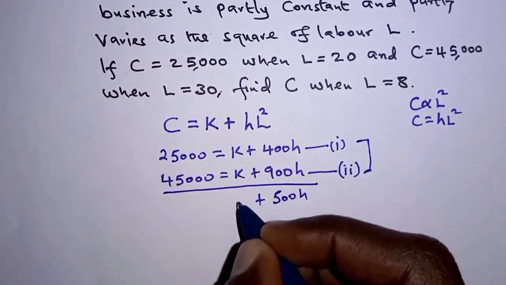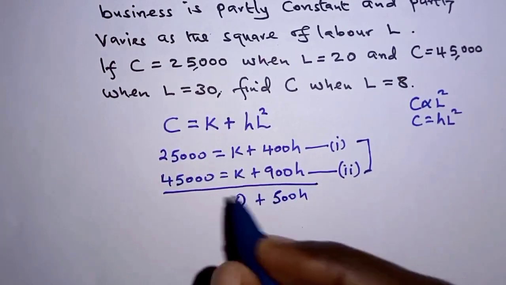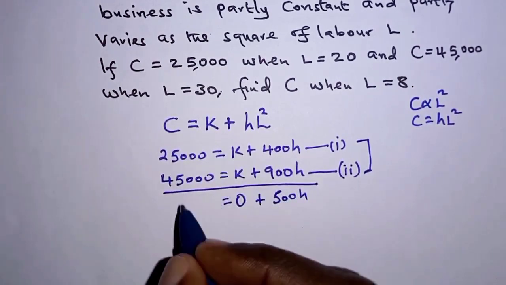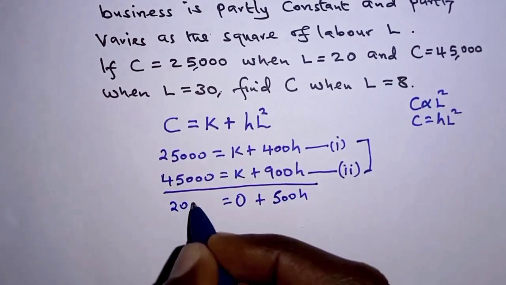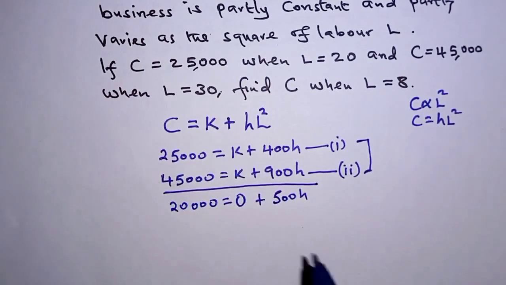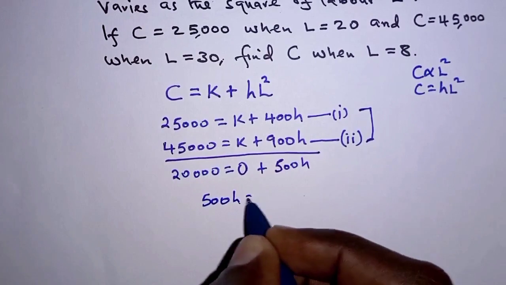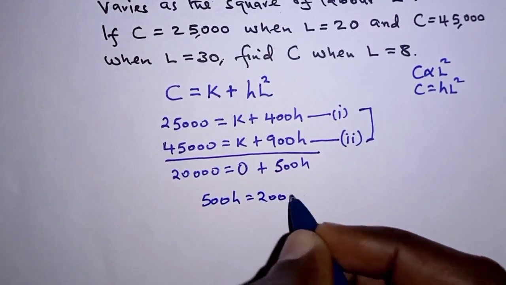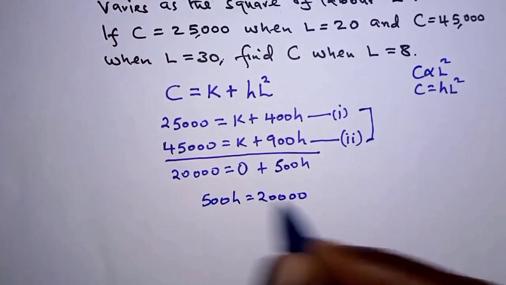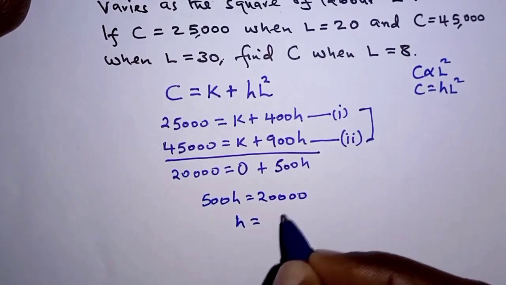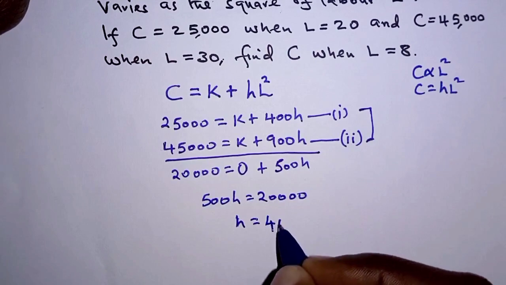Plus here K minus K is 0. So we have eliminated K. And then this side 45,000 minus 25,000, that is 20,000. That means we have 500H equal to 20,000. Dividing both sides by 500, we're going to have H as 40.